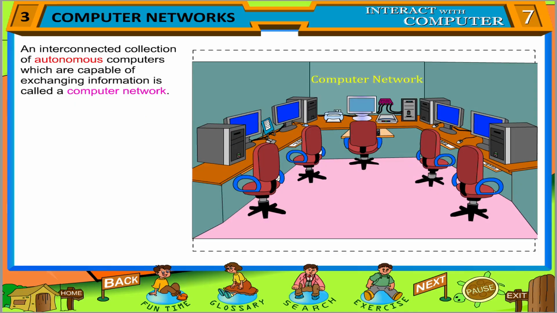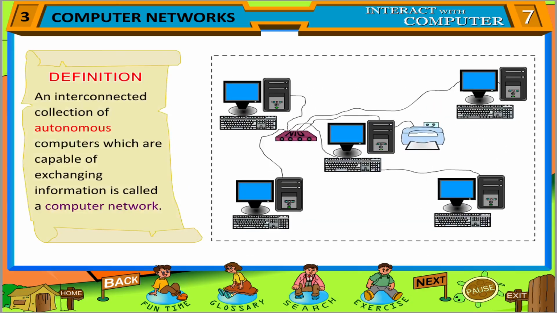An interconnected collection of autonomous computers which are capable of exchanging information is called a computer network.